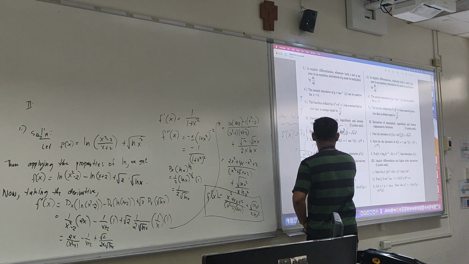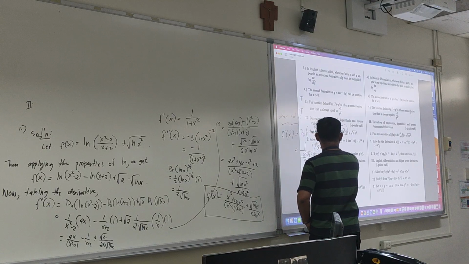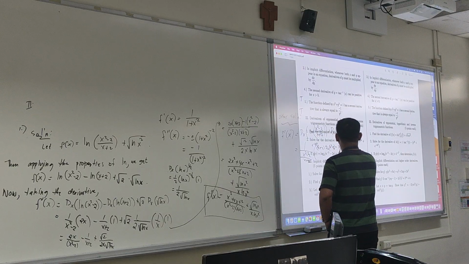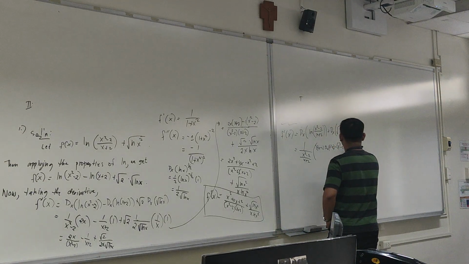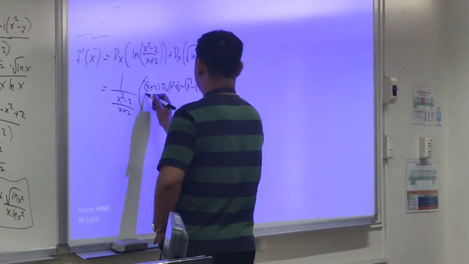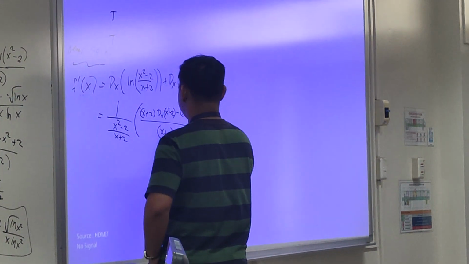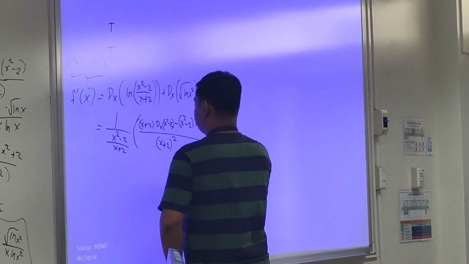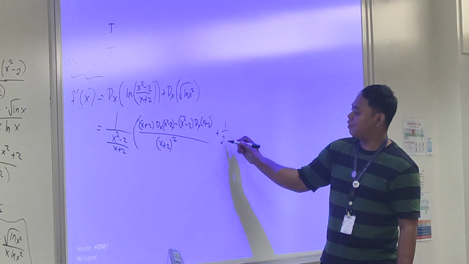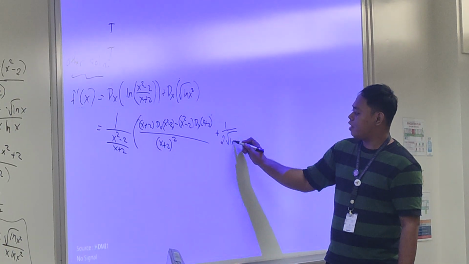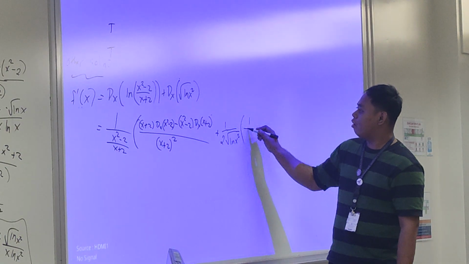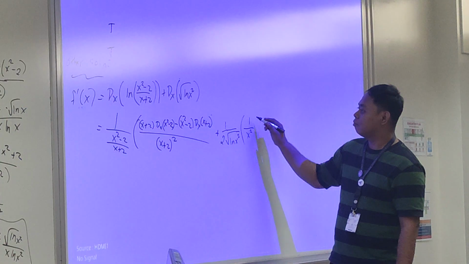So this is x plus 2 times the derivative of x squared minus 2 minus x squared minus 2 times the derivative of x plus 2, all over x plus 2 squared, plus, what is the derivative of the square root of ln of x squared? We have 1 half square root of ln of x squared times 1 over x squared times 2x.